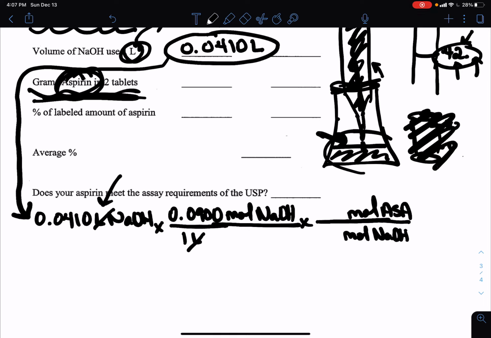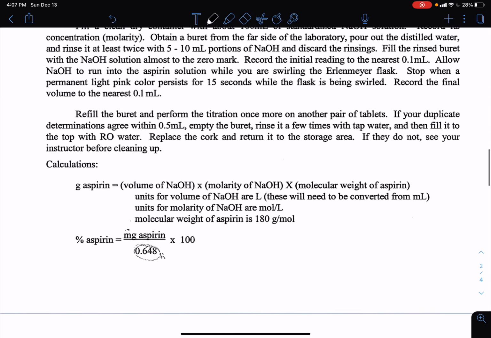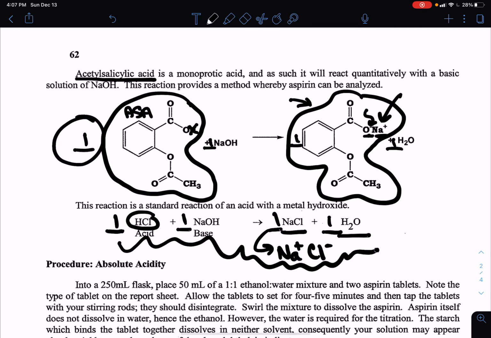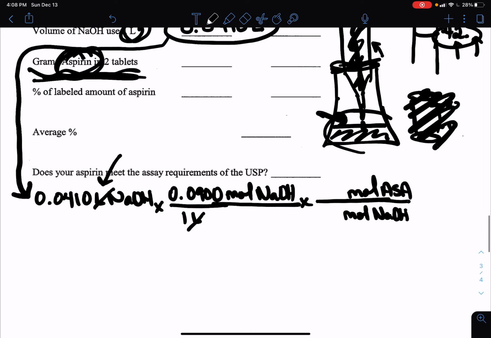Now where do I get the numbers that I put into the multimole ratio? As always, I pick them right off the balanced equation. And look what we did back here. We have a 1-to-1 ratio. So for every 1 mole of NaOH, I'm going to react 1 mole of ASA.